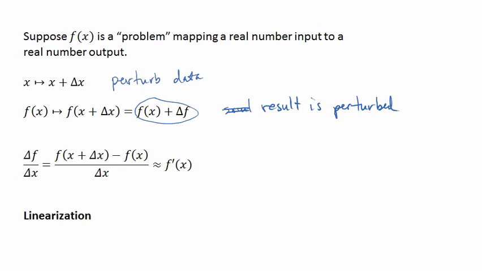So this is how we started off in calculus with defining a derivative. So in the limit, right, where delta x is 0, we know that this approximation becomes an equality. But as long as delta x is small, this ratio here, which is sometimes called a finite difference, is pretty close to the derivative.